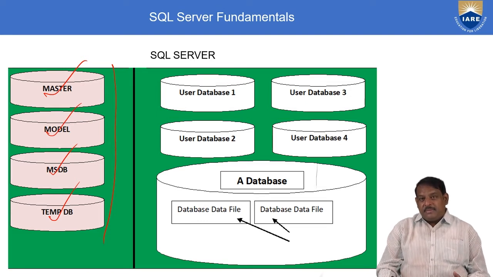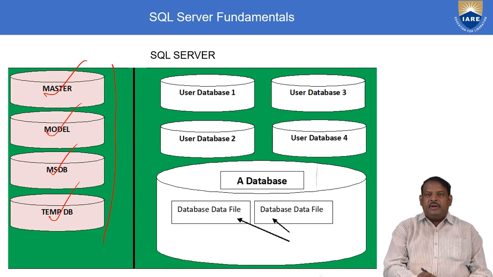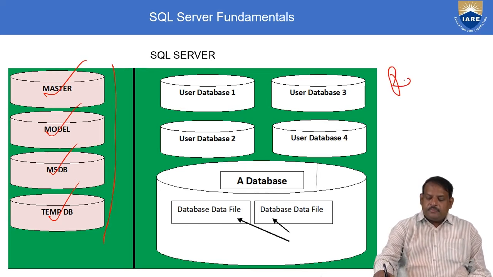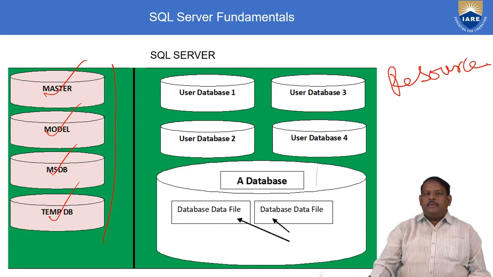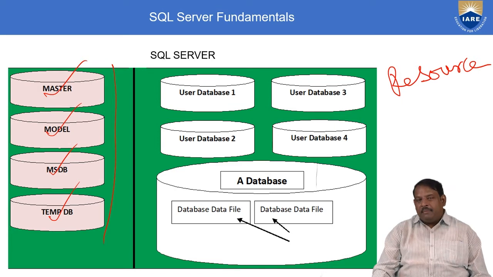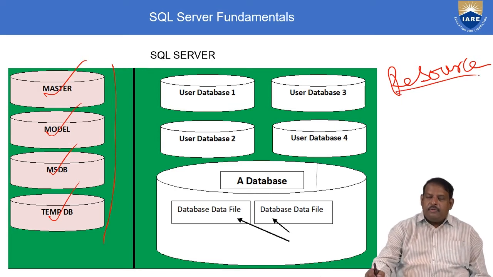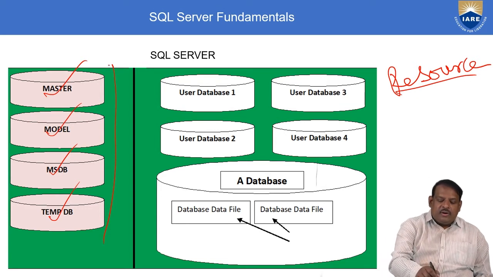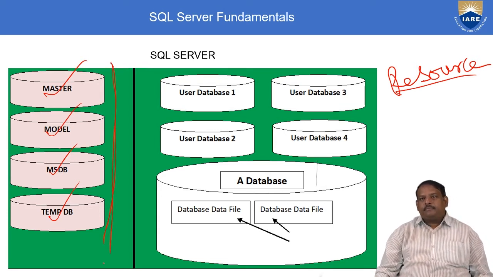These are the system databases. And there is one more database which is hidden, called resource. Resource is the other database which is hidden. This is also one type of system database. Okay, that is all. Your left-hand side are all the system databases.